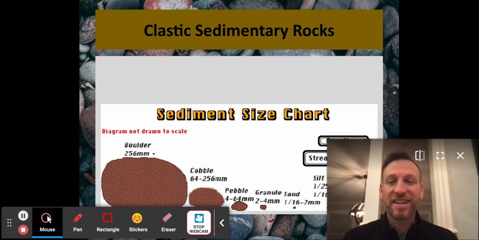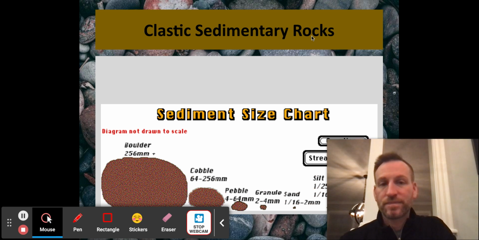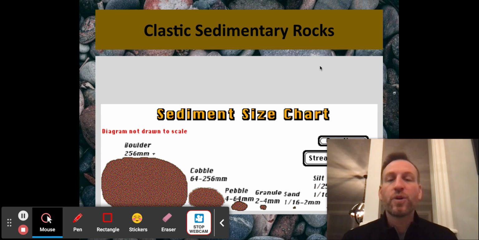But go ahead and in your notes here, add a new subheading: clastic sedimentary rocks. New subheading all the way to the left, no bullet.